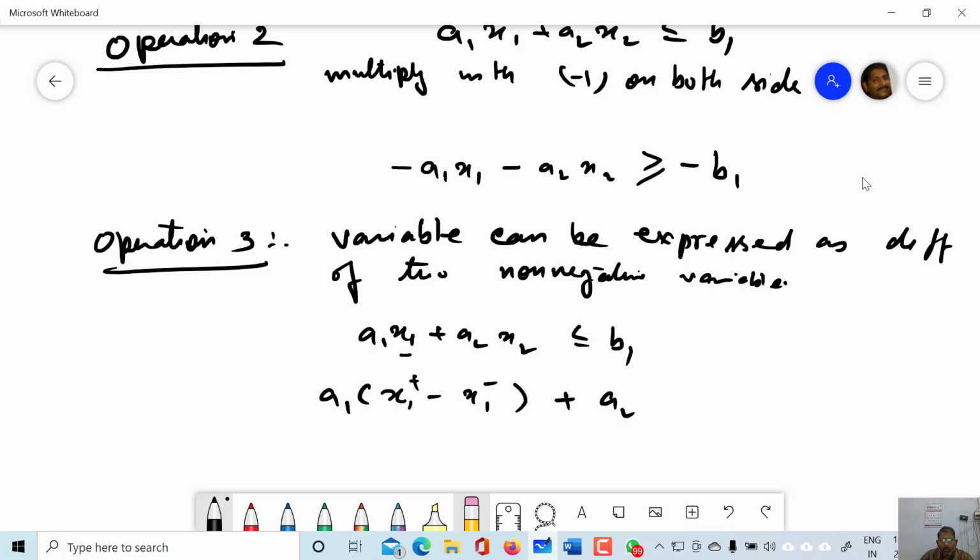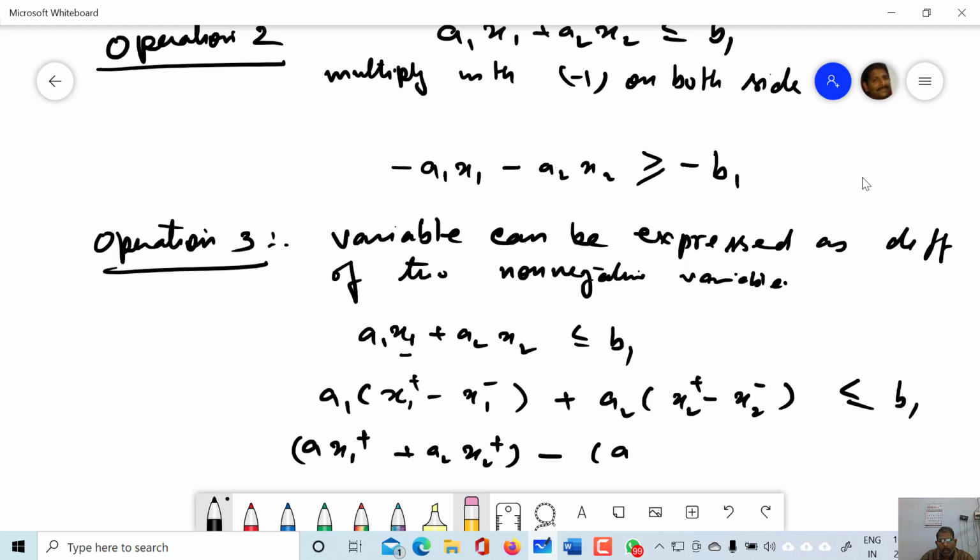Likewise a2 times x2 plus minus x2 minus should be less than or equal to b1. Now you can break the equation like a1 x1 plus a2 x2 plus, and a1 x1 minus plus a2 x2 minus should be less than or equal to b1.